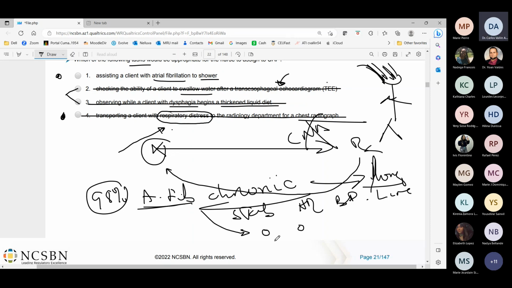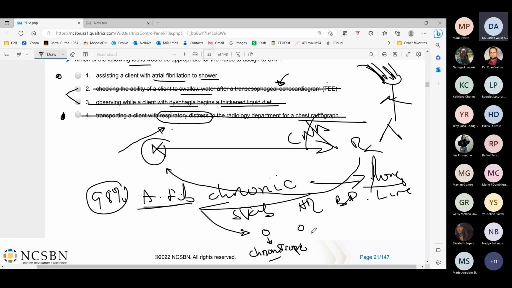One tablet must be a medication to slow down the heart rate, what is called a negative chronotropic medication. Usually it is a beta blocker like metoprolol, or it could be a calcium channel blocker, diltiazem or verapamil.